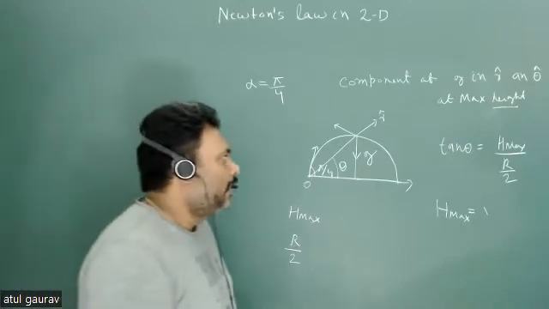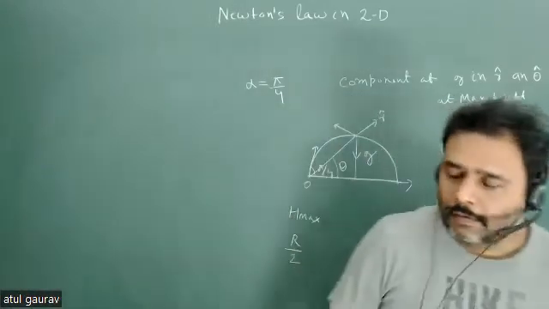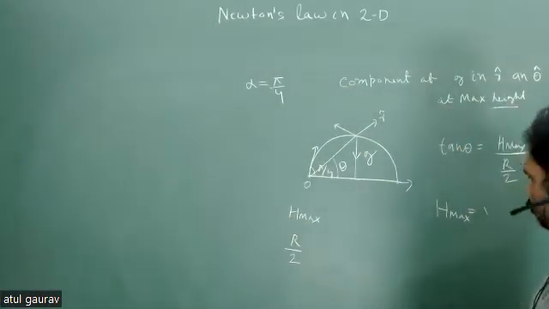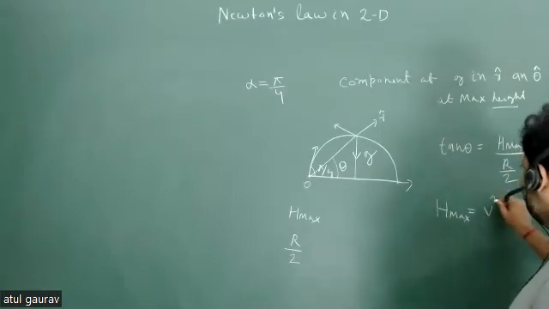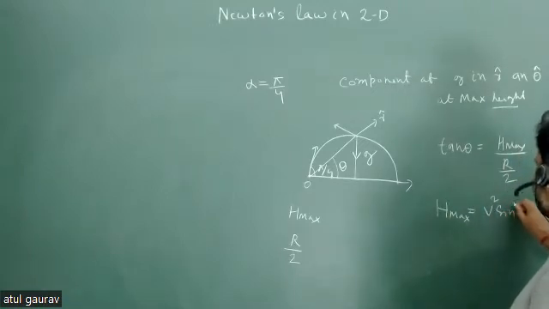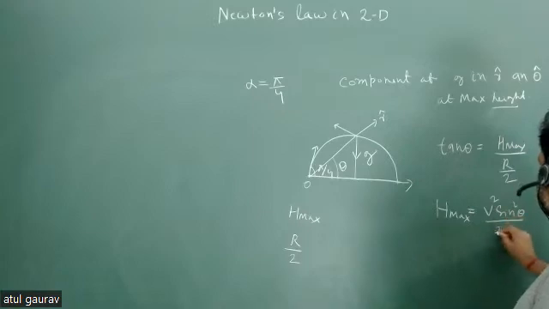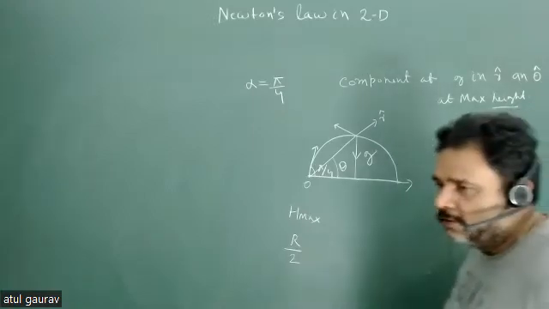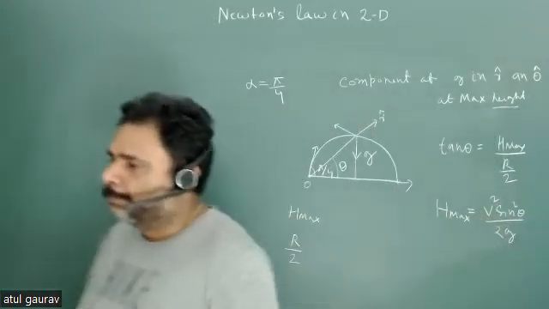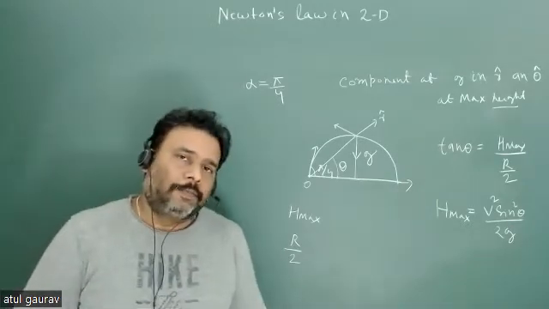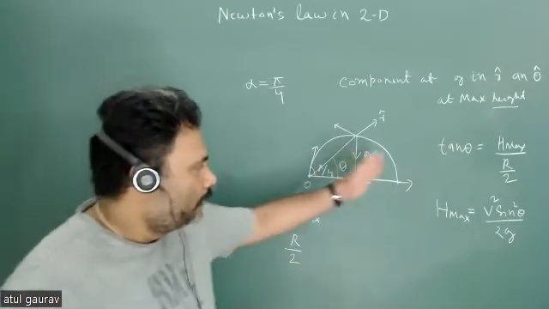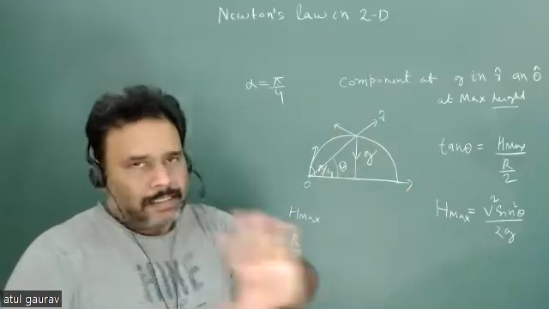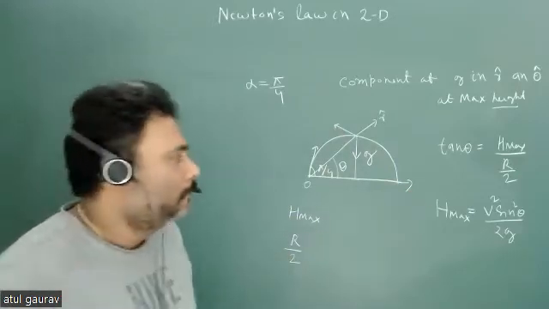Please go and revise your projectile, each and every one of you: how you calculate the time of flight, h maximum and range. At least you have to remember these three things.